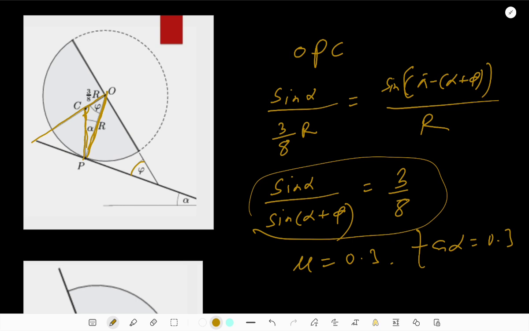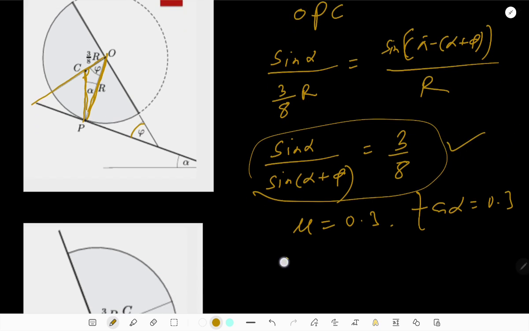But if there is a condition, if the coefficient of static friction is larger than this 0.3, the value of coefficient of friction is larger than 0.3, and from this equation we can find that the maximum value of sine alpha can be equal to 3 by 8, because if we can vary the value of phi and alpha, still the maximum value of sine alpha can be 3 by 8.